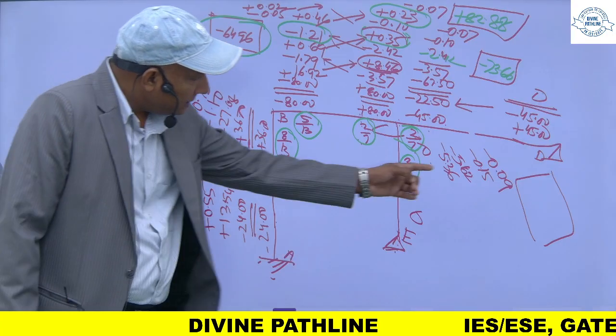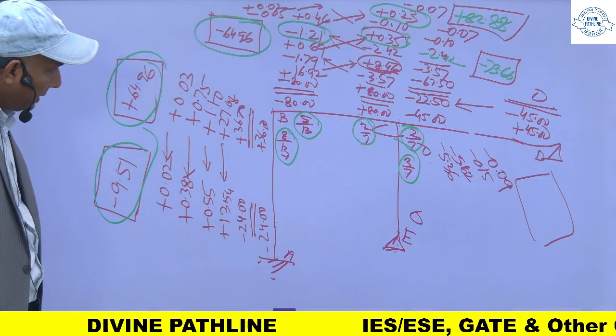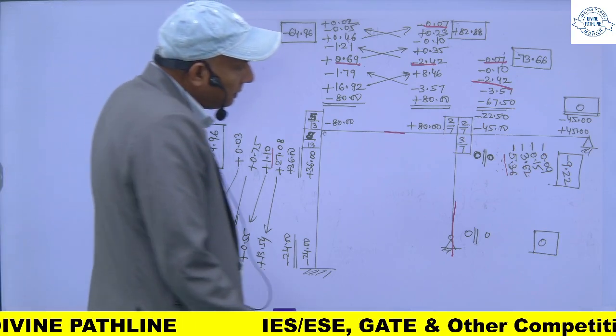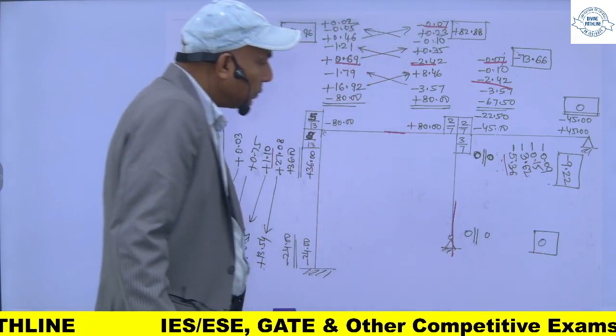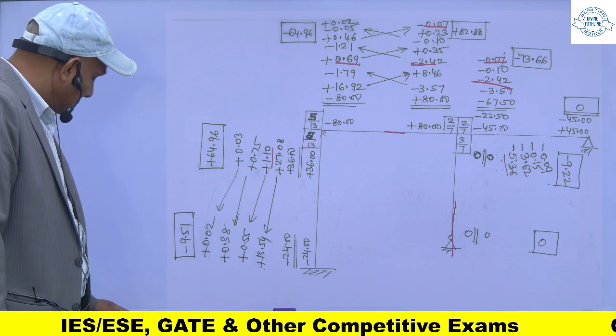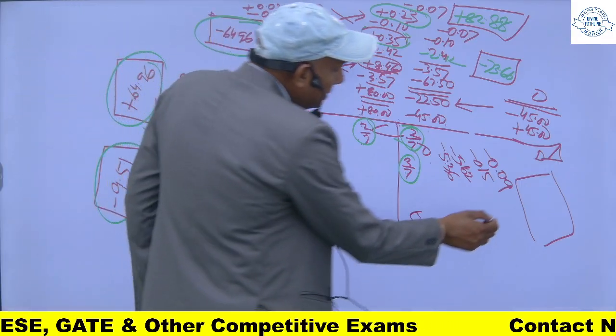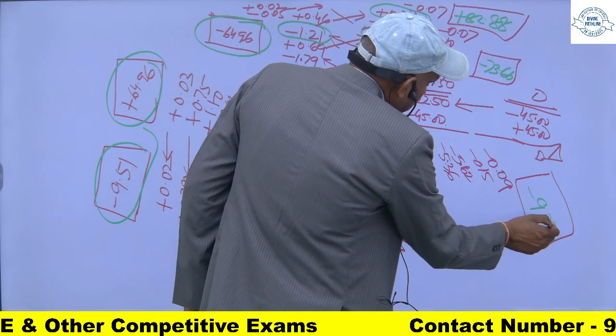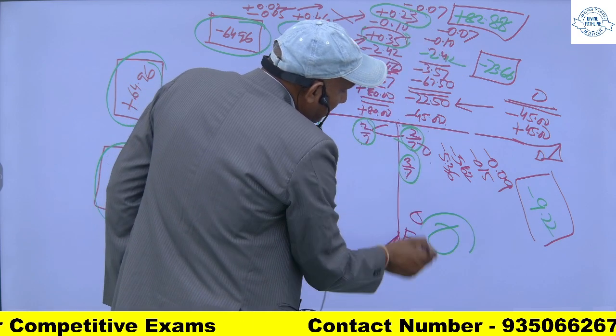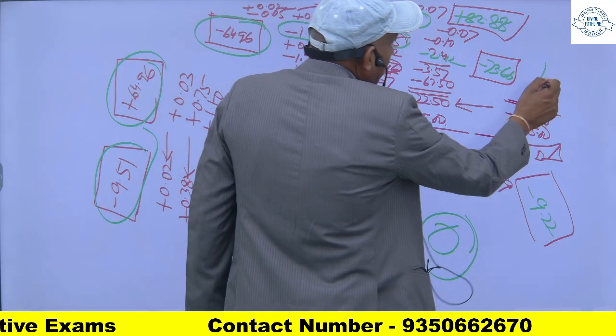And sum of this will be minus 9.22. So this is minus 9.22. This will obviously equal to 0, and this is 0.